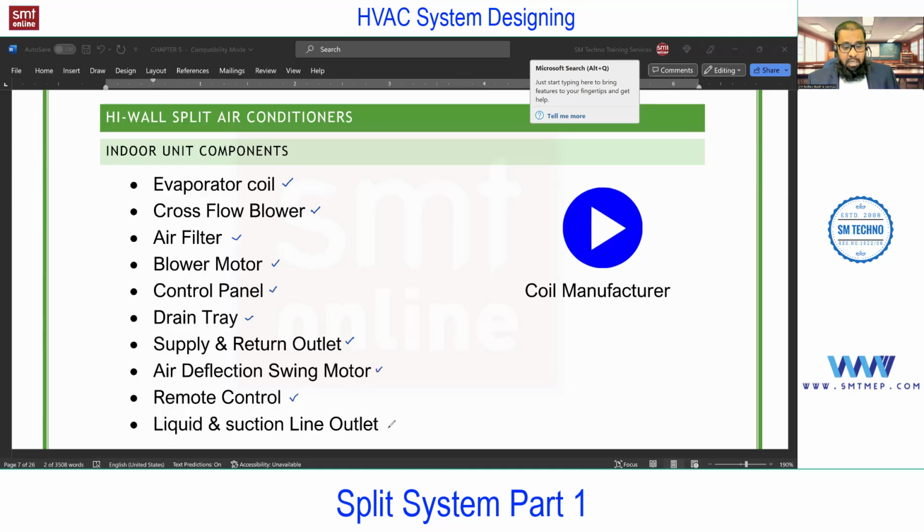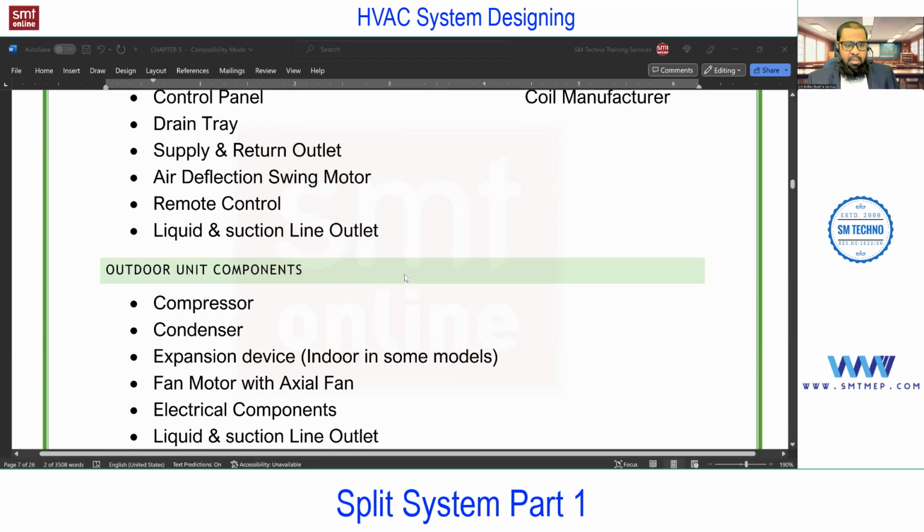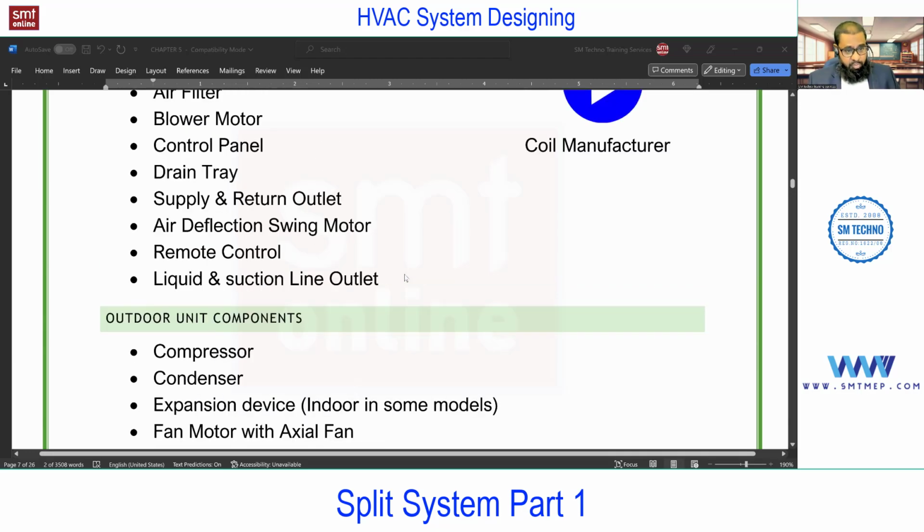And the suction and liquid line outlet, which will connect with the copper pipe, and that copper pipe we are going to connect to the outdoor unit. And why we are calling it suction and liquid line, that also we'll discuss. So these are the components for indoor in the high wall. Similar components you'll find in other units also. The shape and the position may vary, but the components are going to be the same.